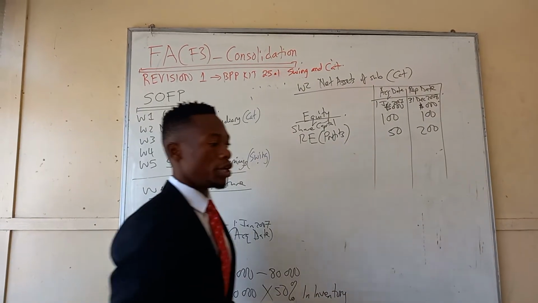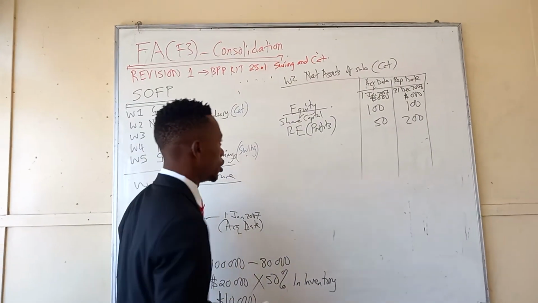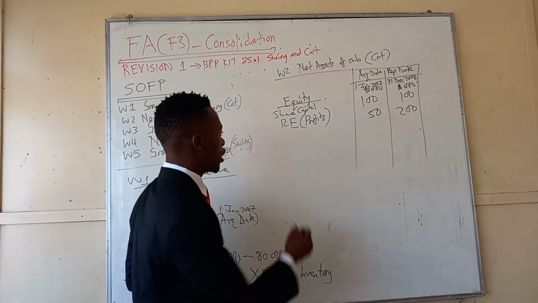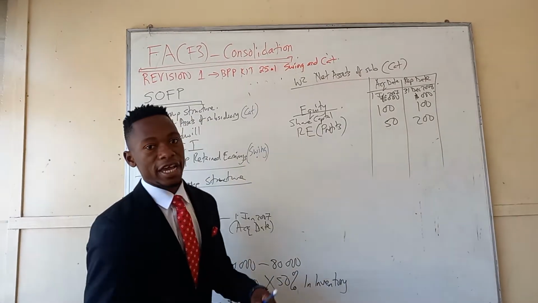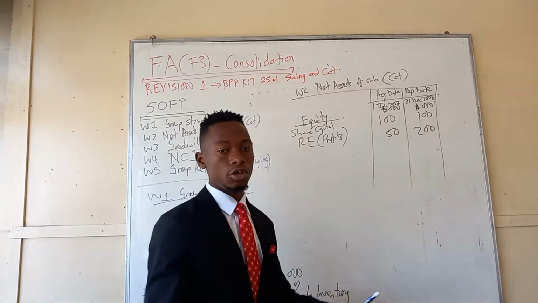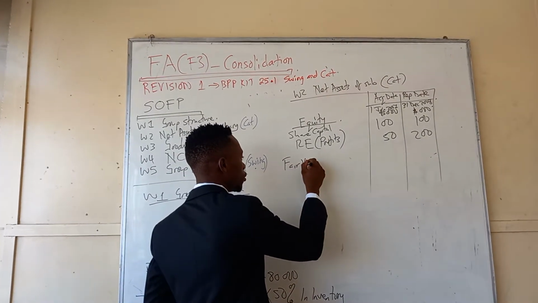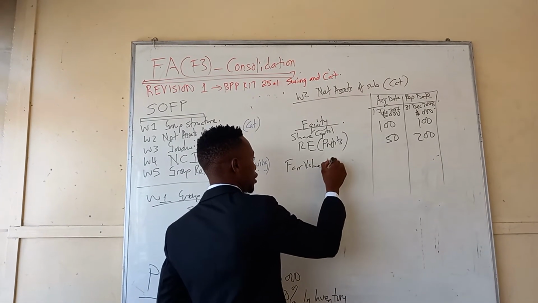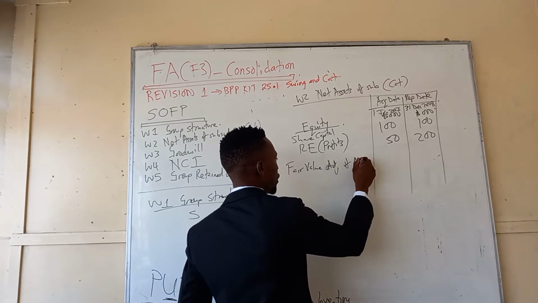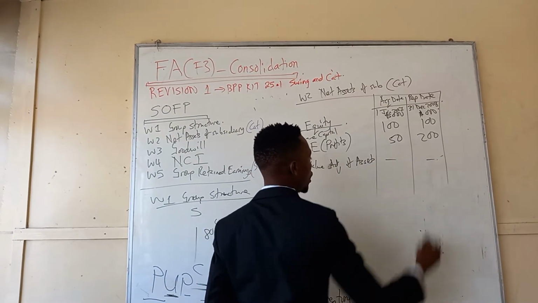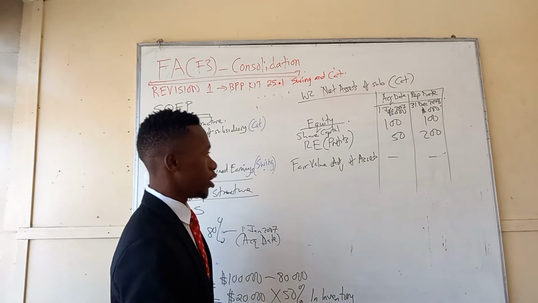Right. Do we have any additional information? We don't have any additional information. If there are any assets that have increased in value, you are supposed to add any fair value adjustment of assets. If there is any asset that increases in value, you add.